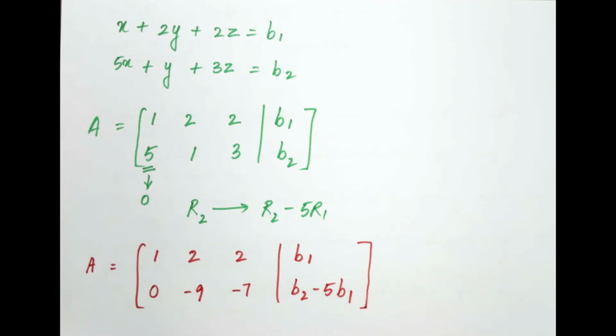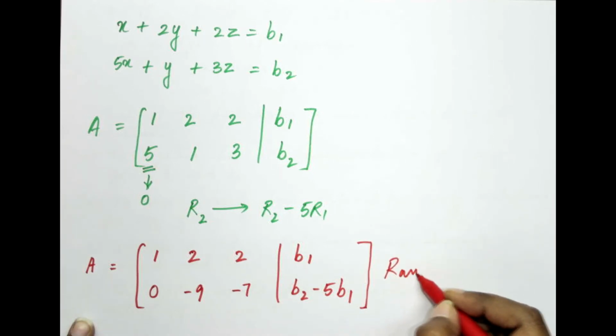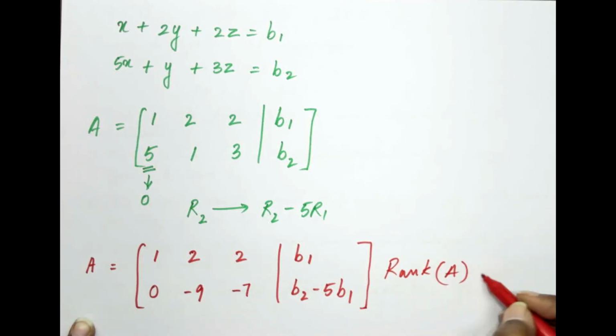So this is our new matrix. If you notice, we have two non-zero rows. Apart from making the bottom left element 0, we still have two non-zero rows. So this implies that the rank of the matrix A is 2, because the rank equals the number of non-zero rows.